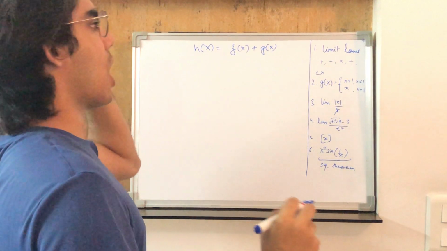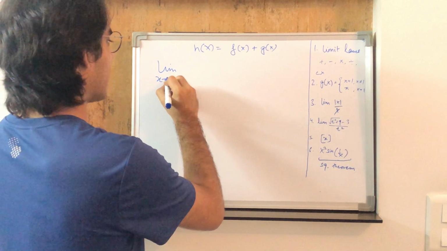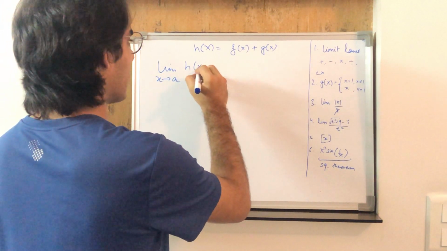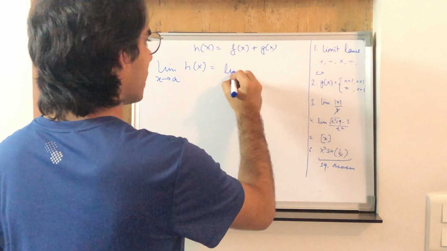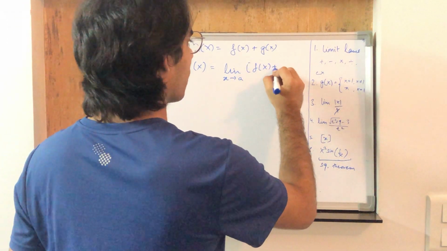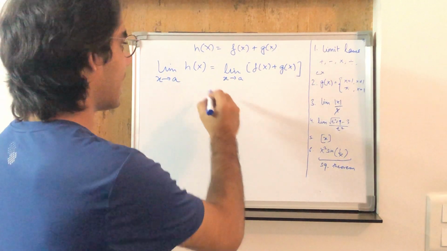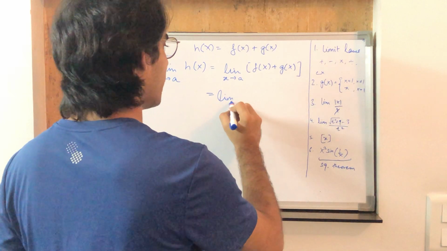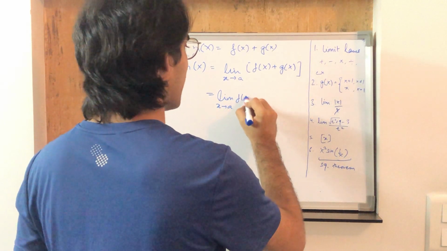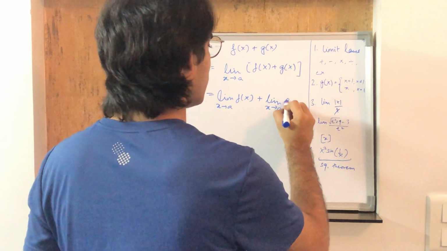What limit laws tell us is that if I have this operation, limit x approaching a for h of x, I can write this as limit x approaching a, f of x plus g of x. And limit laws tell me that I can write this as limit x tending to a, f of x, plus limit x tending to a, g of x.